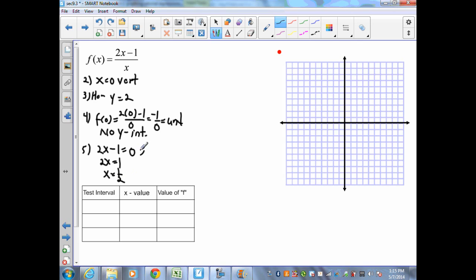So my x-intercept would be 1/2, 0. Let's plot what I have. I have a vertical asymptote at x equal to 0.